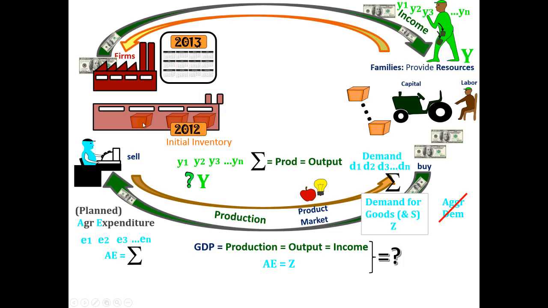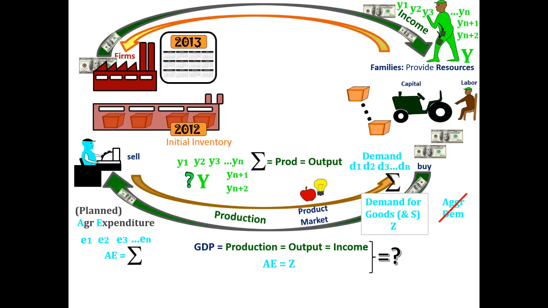So we register this production, and firms have to pay resources, labor and capital, so we register this payment. But this payment comes from the extra money of the firm, it doesn't come from here, from the families. So now the firm produces another box, so we register the production and we register the income, the payment.